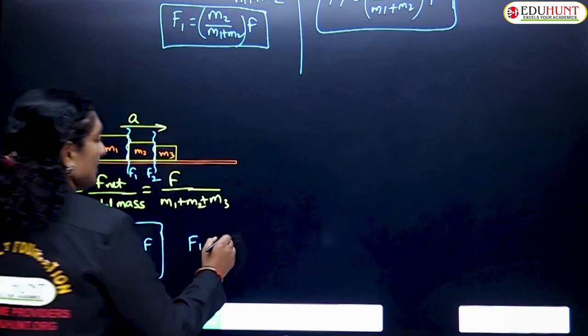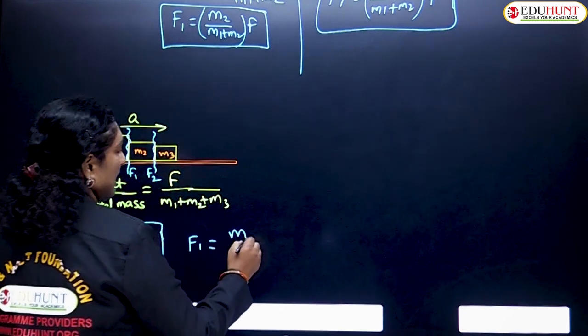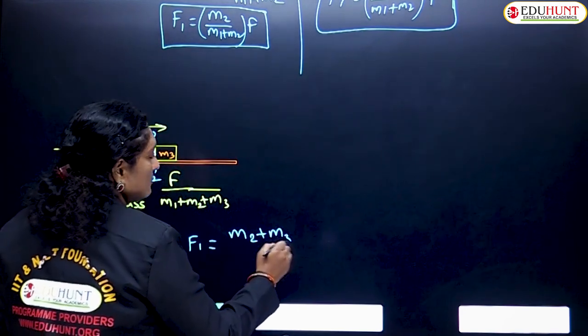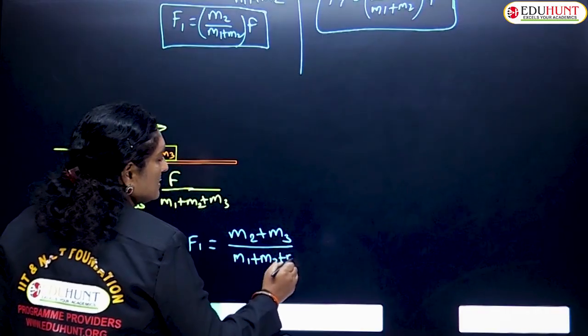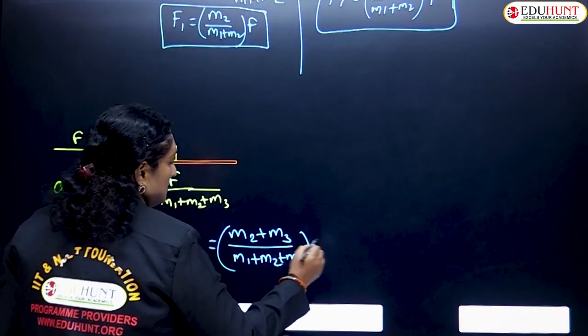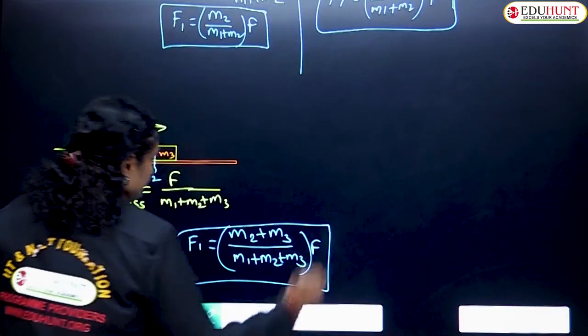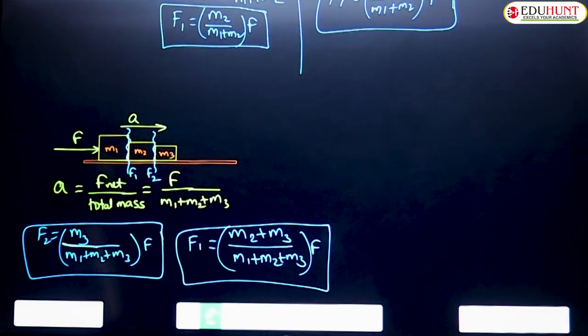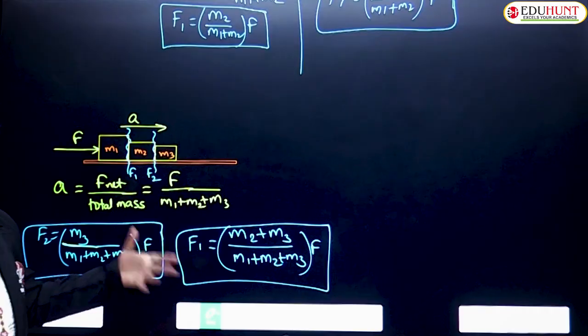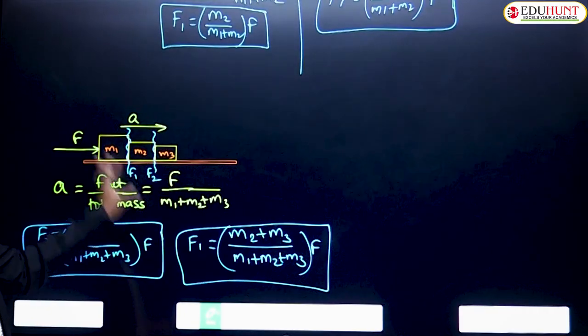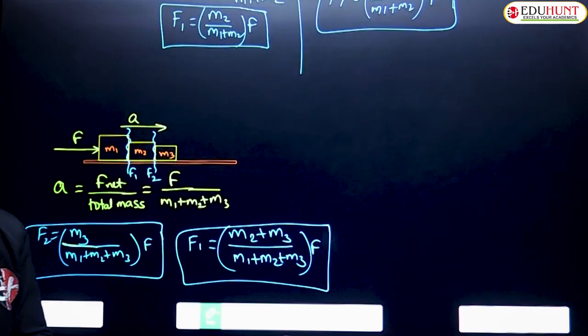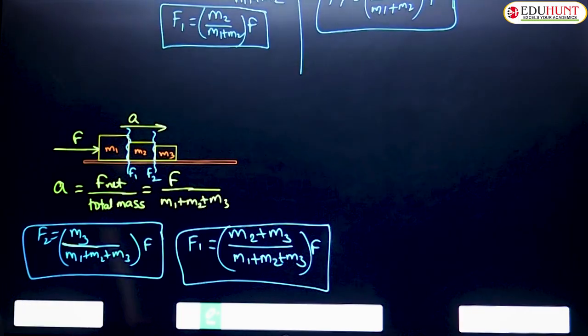Hence, instead of m2, m3, we have two masses, that is m2 plus m3 by m1 plus m2 plus m3 into F. So like this you can calculate, children. Okay, well, so any number of bodies, if they are kept in contact like this, the contacting force as well as the acceleration of all the blocks can be calculated similarly.